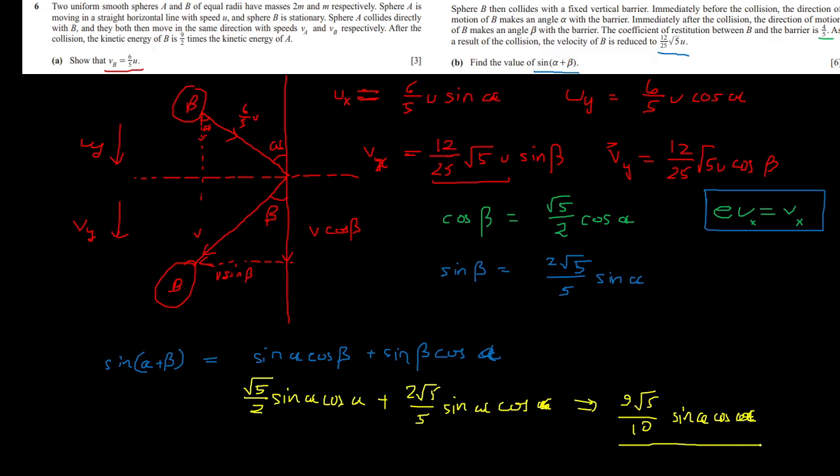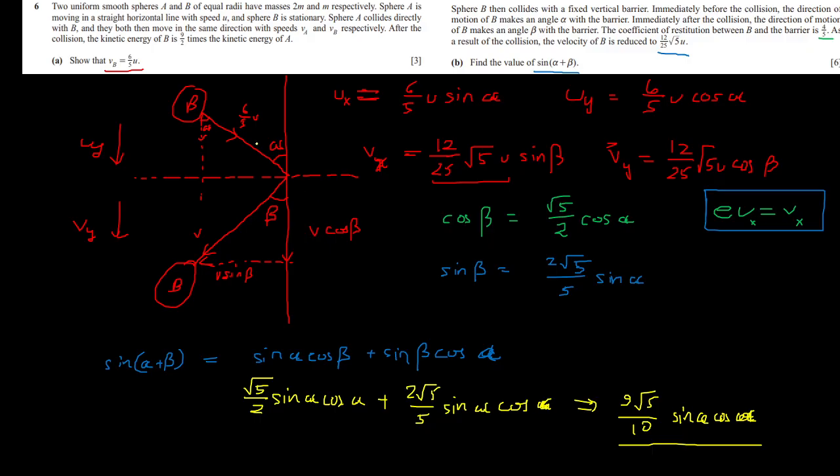So this is what sine alpha plus beta will be equal to. Now if we need to find sine alpha and cos beta, we need to go back and look into our solutions. What gives us the clue of sine alpha and sine beta? Well, we could look into other stuff as well.